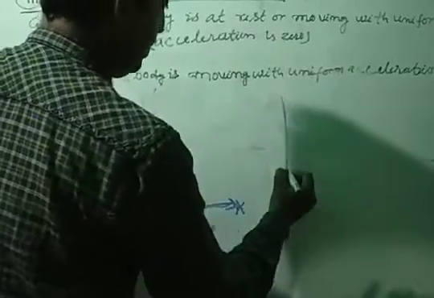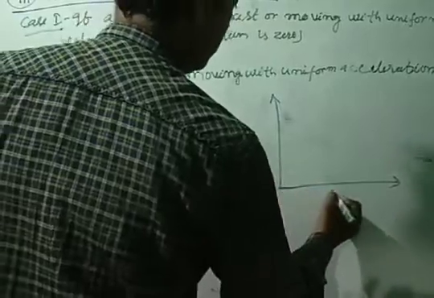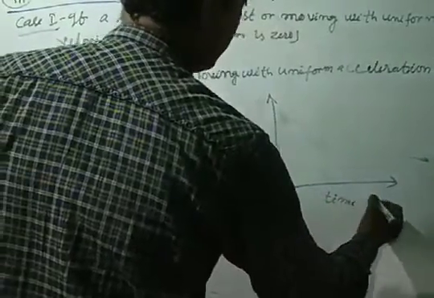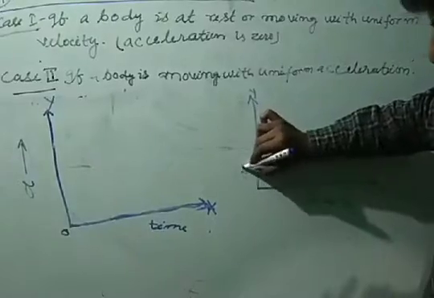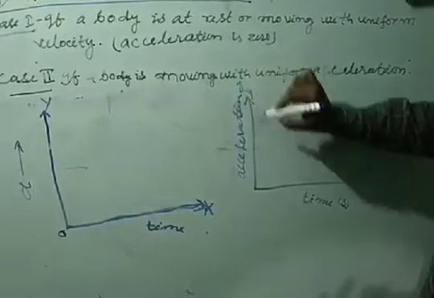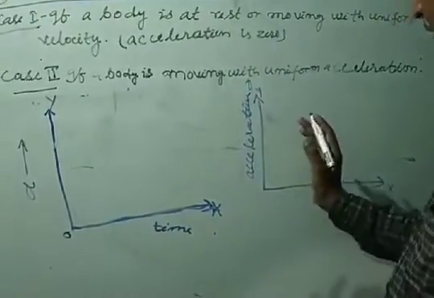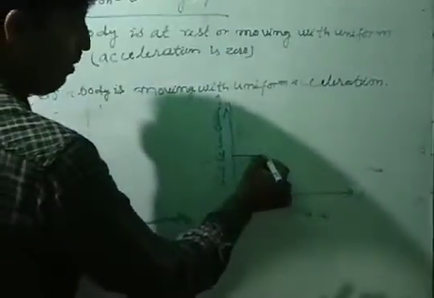In the second case, when the body is moving with uniform acceleration, the graph will be parallel to time axis. Here time is taken on x-axis and acceleration is taken on y-axis.